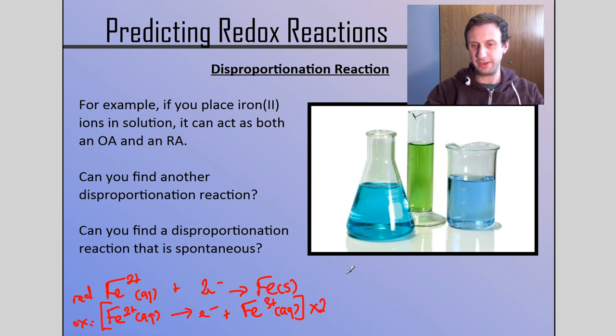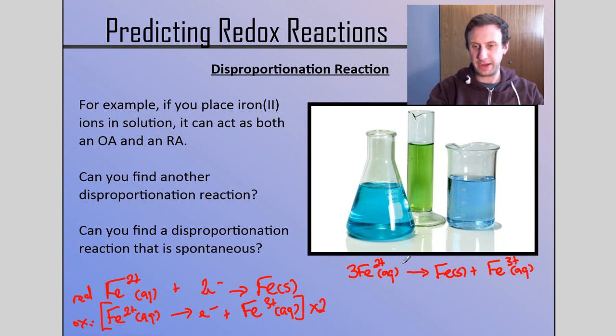So what I end up having then for a net, and this is where it gets weird, is 3 Fe2+, because I've got times 2, so 2 plus another 1 from this one gives me 3 Fe2+, forms Fe solid and Fe3+ aqueous.